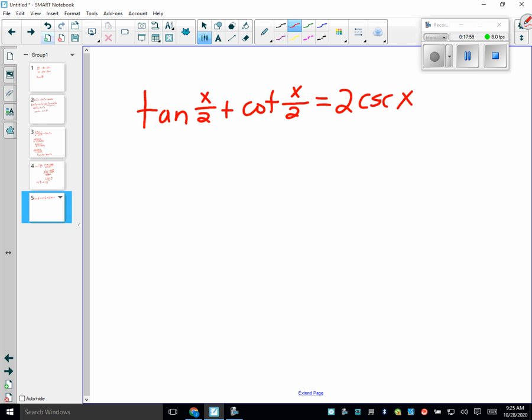And for the formula, I feel like we should use the 1 minus cosine alpha over sine alpha. Why? Because sine's on the bottom. That's what I wanted you to say. And don't I need sine on the bottom? Does that make sense to you?